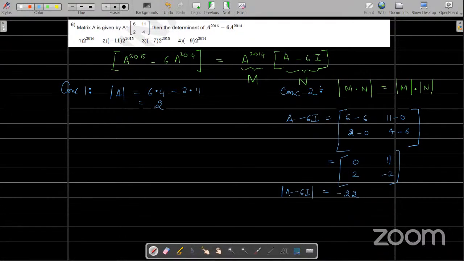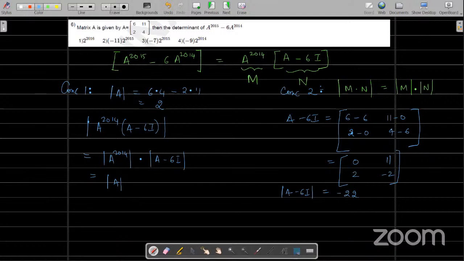Now calculate the determinant of A to the power of 2014 into A minus 6I. That will be equal to determinant of A to the power of 2014 into determinant of A minus 6I. This is where you can exchange the two operations.